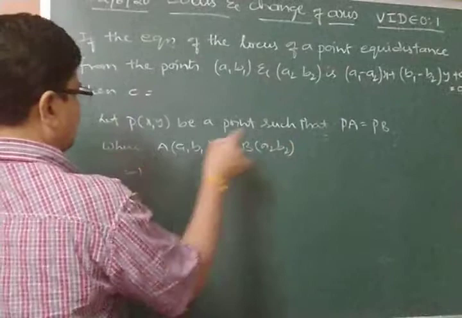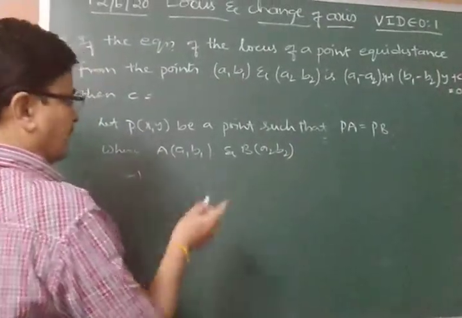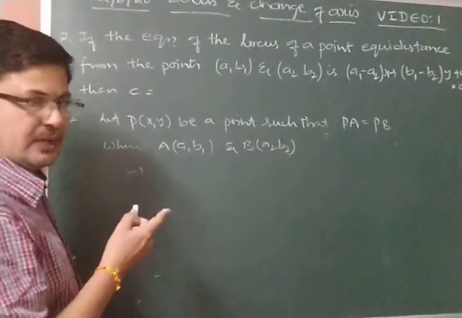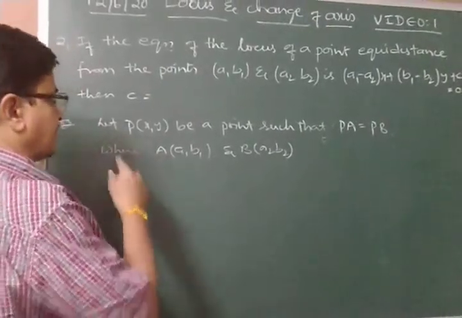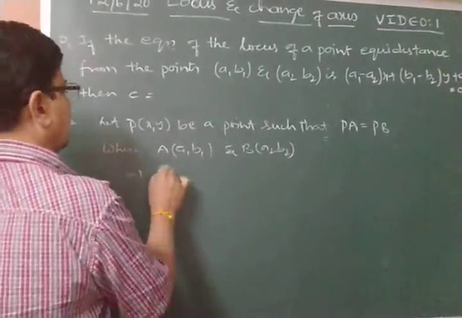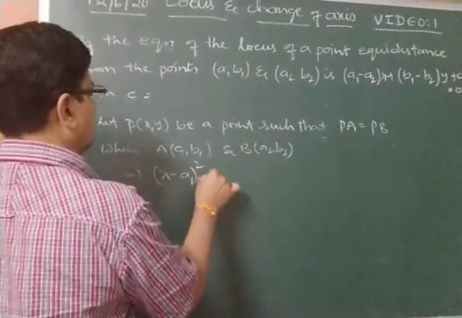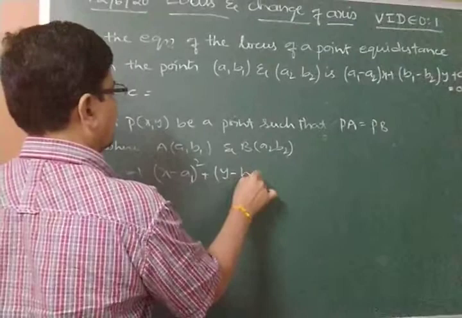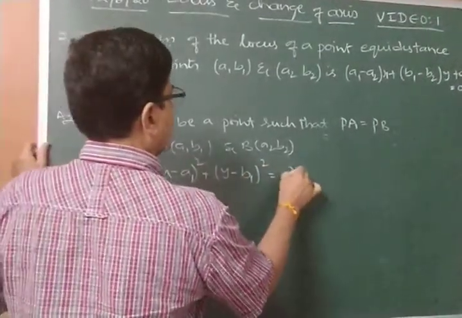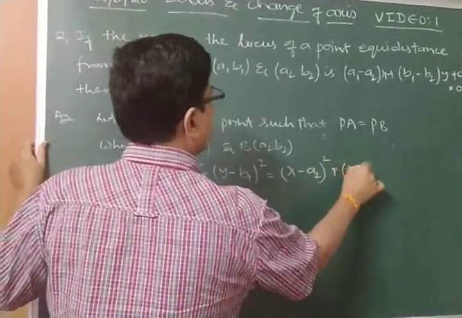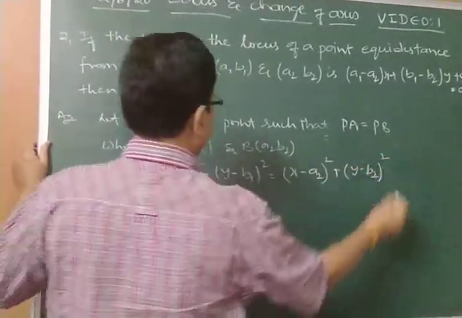So that implies PA is equal to PB. That means equidistance, and that means PA square is equal to PB square. PA square means distance between these 2 points. That is (x minus a1) whole square plus (y minus b1) whole square is equal to (x minus a2) whole square plus (y minus b2) whole square.